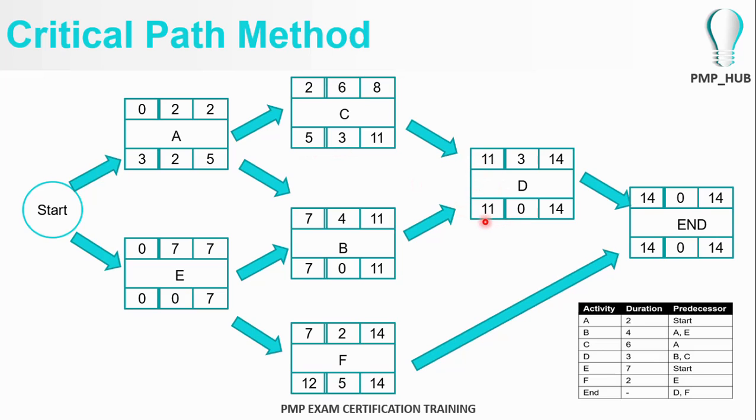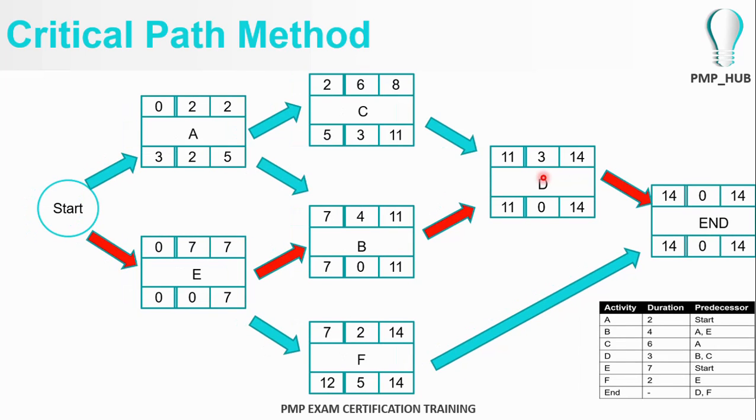Here the float is 0, the float is 0, the float is 0, the float is 5, and here is the dummy. This is a dummy entry. Anyway, the critical path is the path where the float is 0. So the critical path will be E, B, D. Hope you got that example correct.